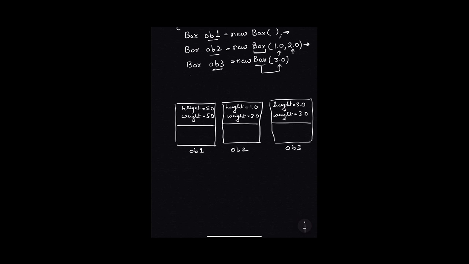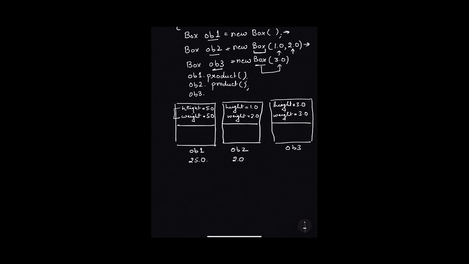Now, if I have to calculate the product of object 1's instance variables, then I can say ob1.product. What will it do? It will multiply both the variables and display the answer as 25.0. If I call the product function using object 2, then the value that I will get back will be 2.0, 1 into 2.0.